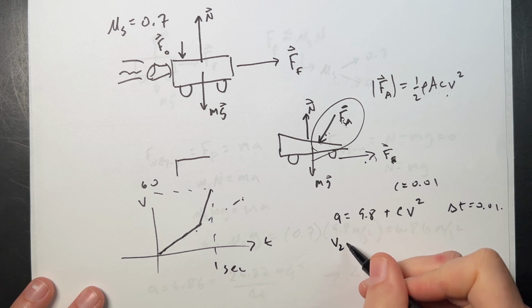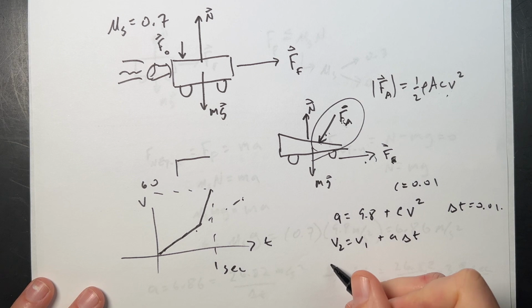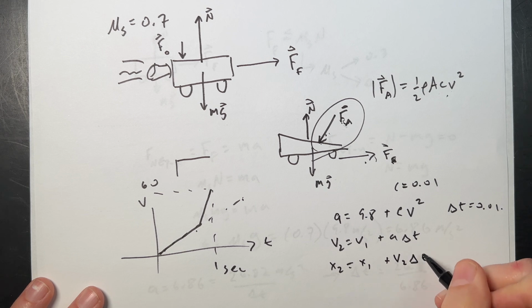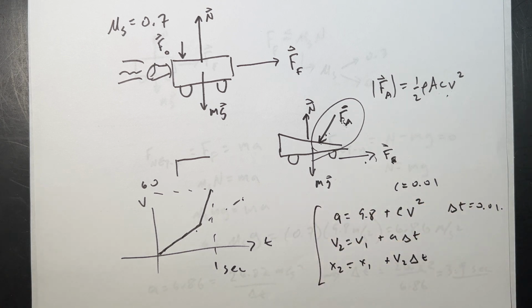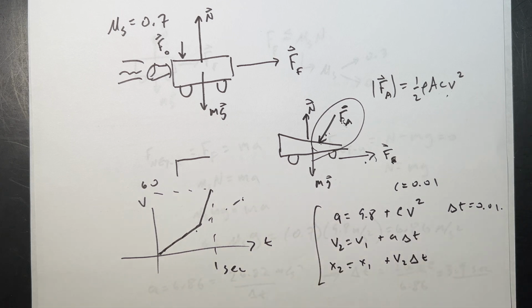And v2 is v1 plus a delta t. And then I can calculate the new position, x2 equals x1 plus v2 delta t. This is your standard numerical calculation recipe right there, breaking it into small steps, which I have to do because I have a non-constant acceleration. So let's plot that in Python and see what it looks like and see if it gives us any insight into if this is even possible.